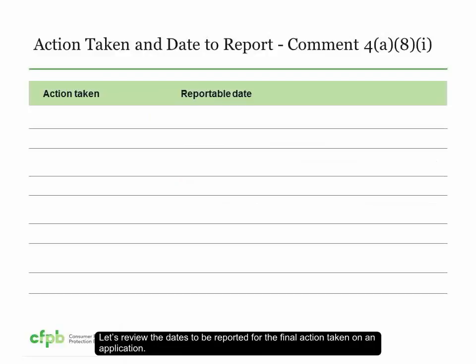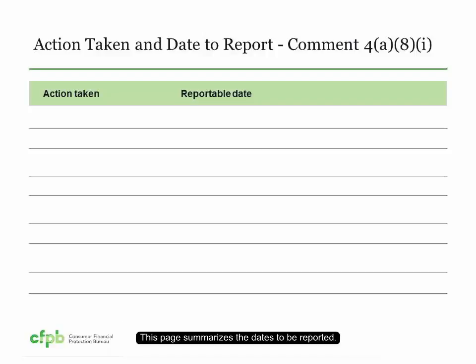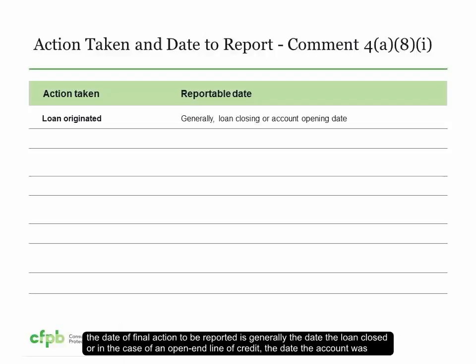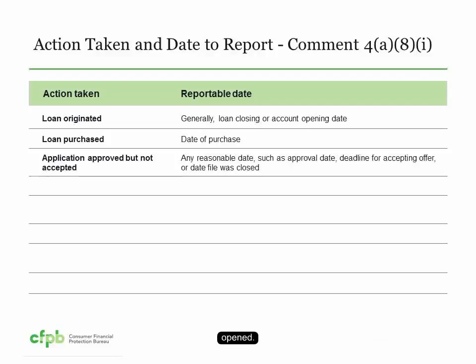Let's review the dates to be reported for the final action taken on an application. This page summarizes the dates to be reported. For example, for a loan that was originated, the date of final action to be reported is generally the date the loan closed, or in the case of an open-end line of credit, the date the account was opened.